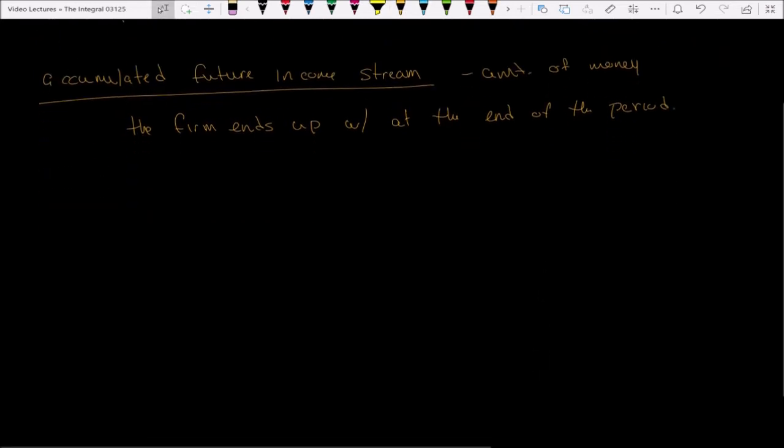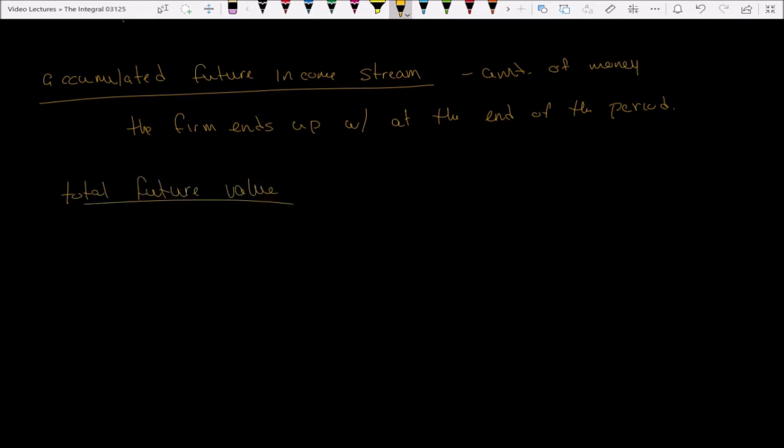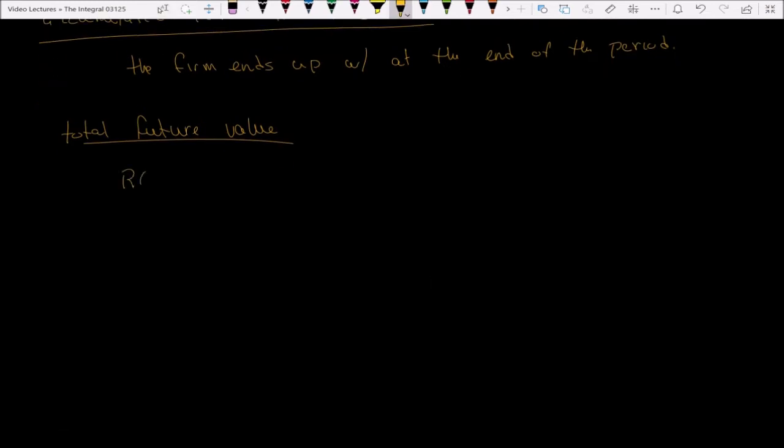Let's say we want to find the total future value of this income stream. What we're going to do is we're going to say let R of t represent the rate of income generation at time little t. Little r will be the interest rate that is compounded continuously.